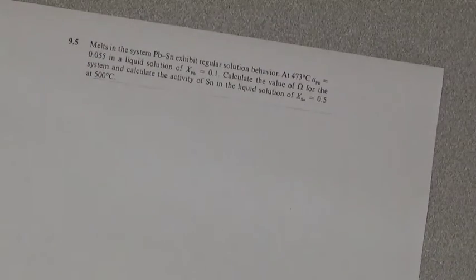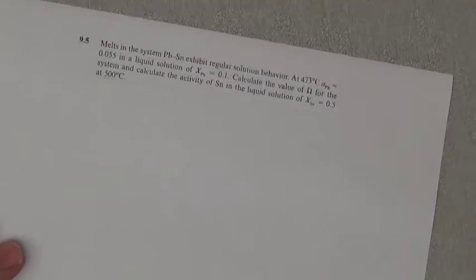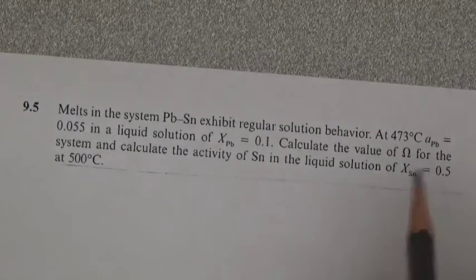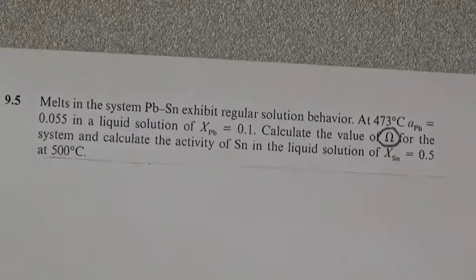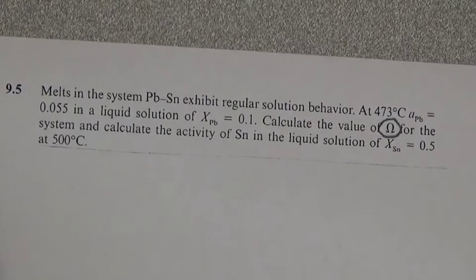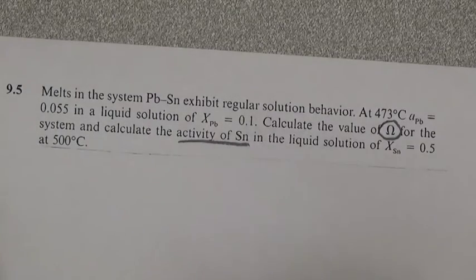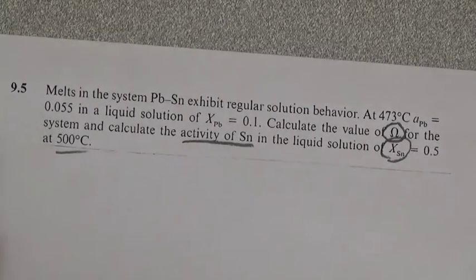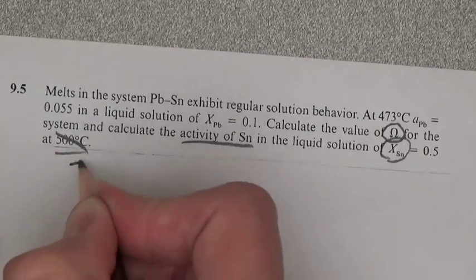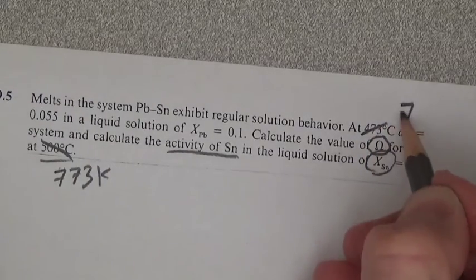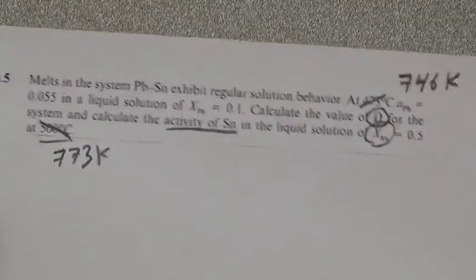The final problem we're going to solve in this set is problem 9.5, which is asking us to calculate the omega for mixing and calculate the activity of tin when you have a mole fraction of tin that is 0.5 at 500 C, which is 773 K, and we have 473 C, which is 746 K. It's kind of one of those annoyances.